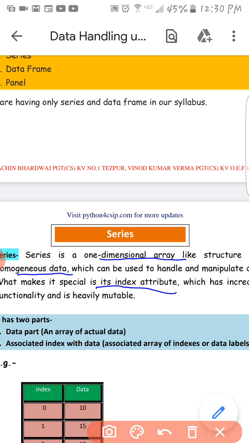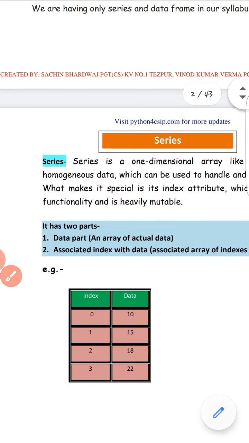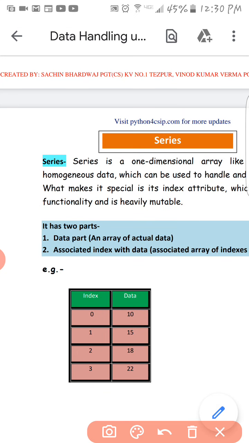So what is series? Series is a one-dimensional array like structure. It contains homogeneous data. There will also be an index in your series. So beta, each series has two parts. One is the data part and another is the associated index. I have already told you, if you do not give an index while creating a series, the default index will be 0, 1, 2, 3 and so on.